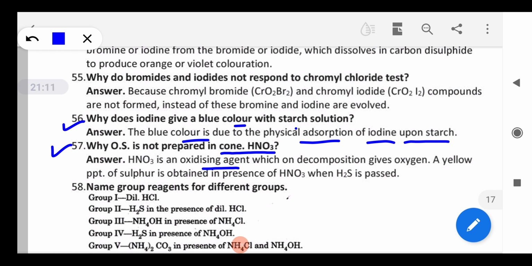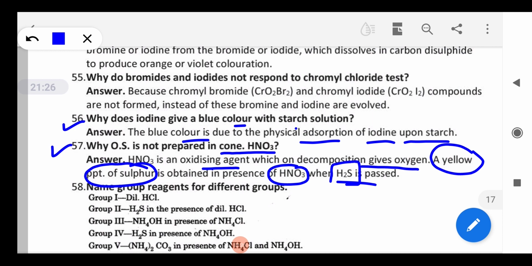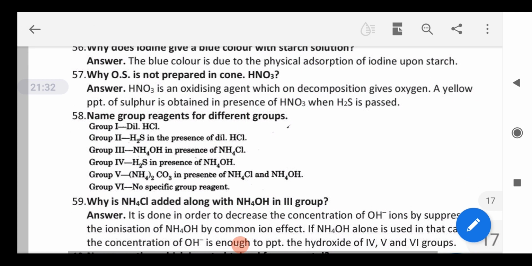It gets decomposed to give oxygen. And in group number 2 and group number 4, when we pass H2S gas in the presence of HNO3, then a yellow precipitate of sulfur gets formed. Means this H2S gas gets precipitated in the form of yellow precipitate. That is why we avoid the use of concentrated nitric acid.